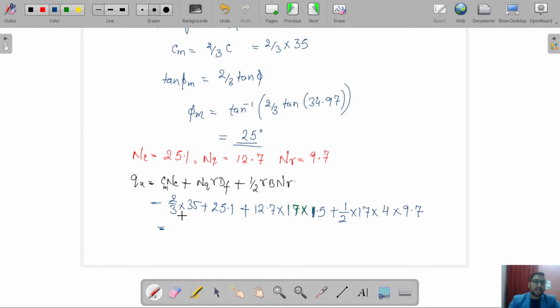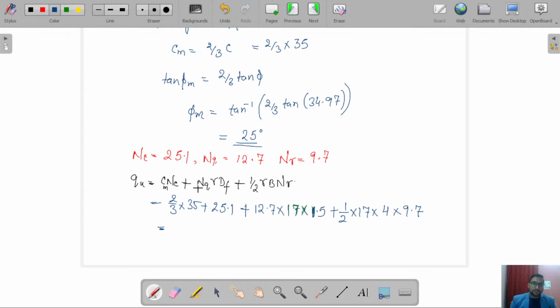Give me the value of ultimate bearing capacity. Yes, Jay, give me the value of ultimate bearing capacity. What is the ultimate bearing capacity you are getting?